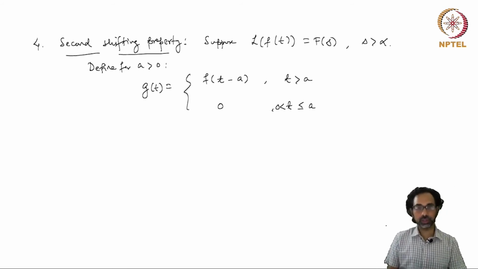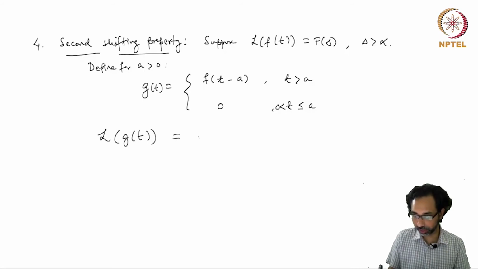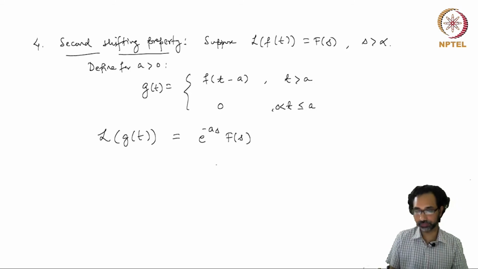So we have defined this new function g(t). The second shifting property says that the Laplace transform of g(t) is given by e^(-as) F(s).